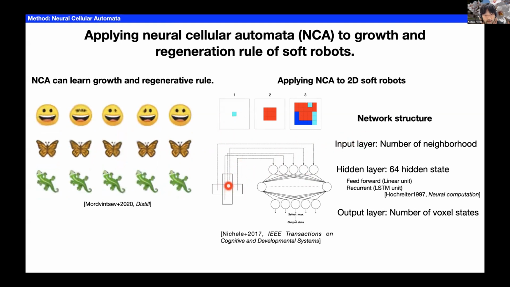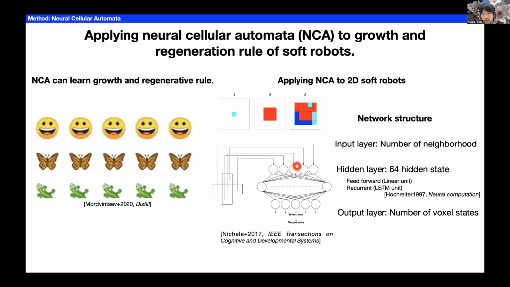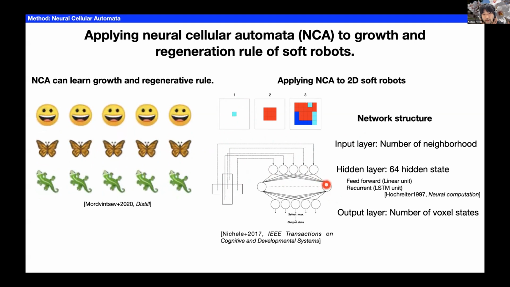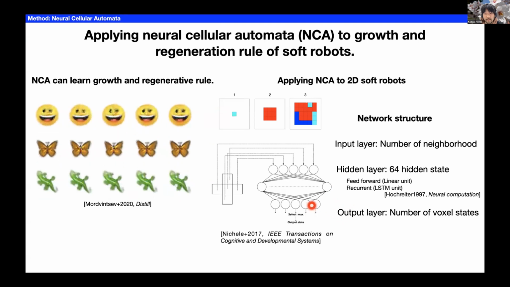The square corresponds to one voxel cell. For the hidden layer, we use 64 hidden states, and to condition the one step, first is a feed-forward linear unit, and second is a recurrent LSTM unit. And the output layer is the number of voxel cell states, and this layer decides the next state of the voxel cell.